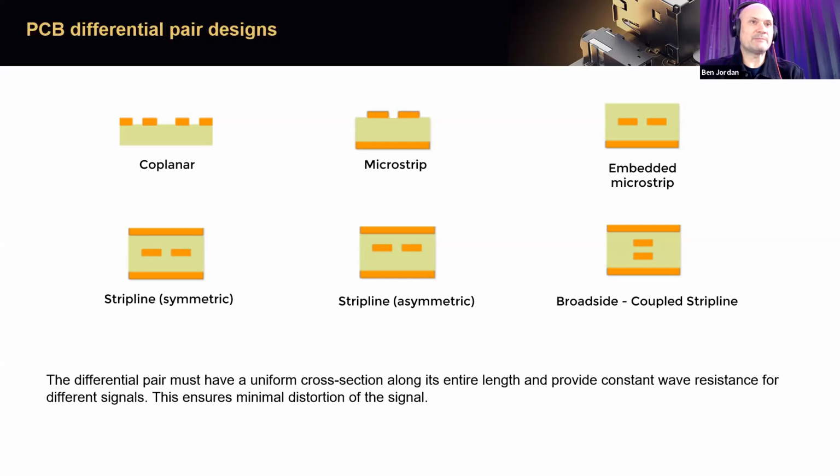And then broadside coupling is where we have the true and the complement on different layers, one over the other. And this was how differential pairs had been done before CAD tools had the capability of routing two traces together at once.